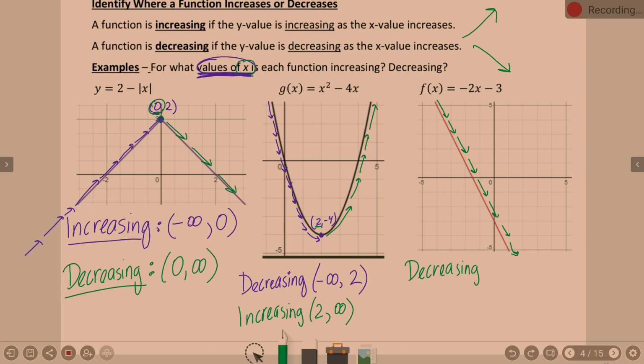It started from the left, which is negative infinity, because we're thinking x's. And how far does it go? It's going infinitely to the right, which is positive infinity. For the record, where is it increasing? It's never increasing. Not that you have to say that, but I was just going to mention that.